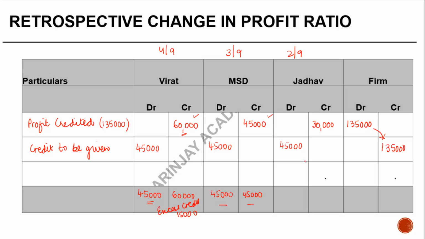Jadhav, on the other hand, should have got a credit of 45,000, but he's got only 30, which means he should be further credited by 15,000.